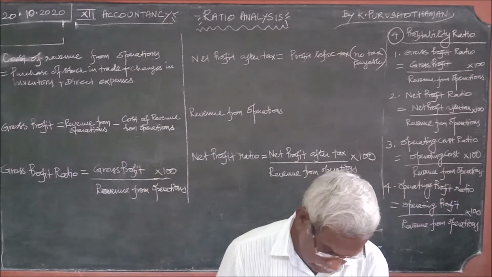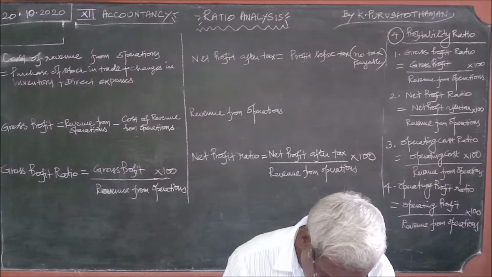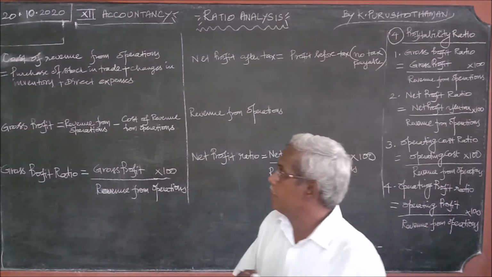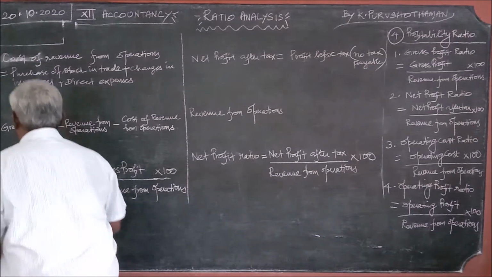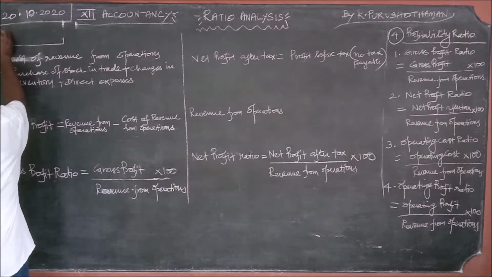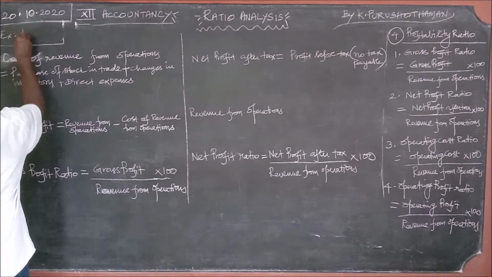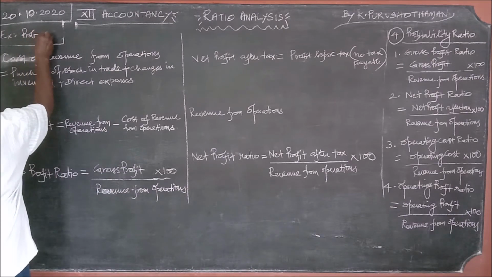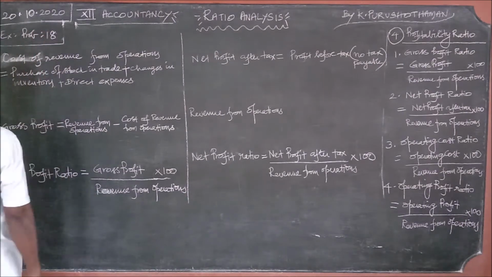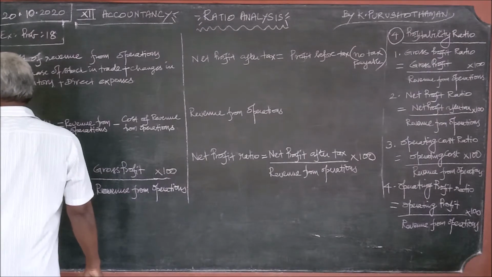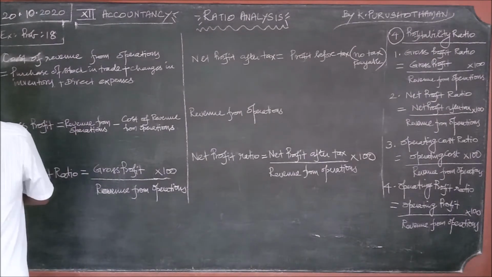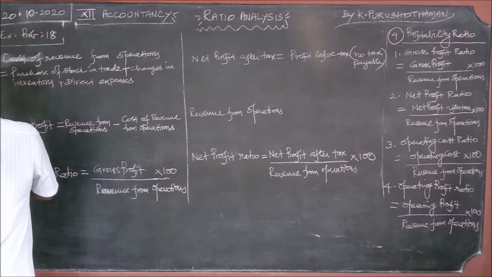Now we shall do the same model sum from the exercise problem number 18. Problem 18. In this also, the first one, gross profit ratio.